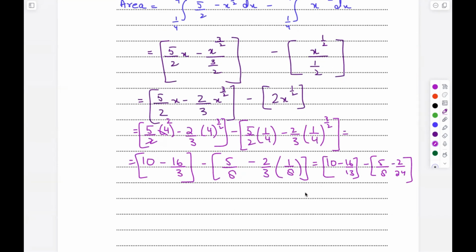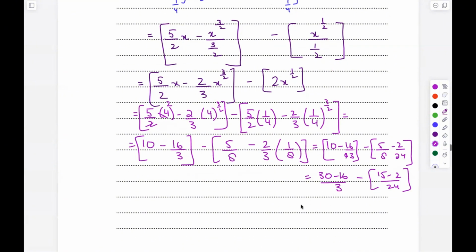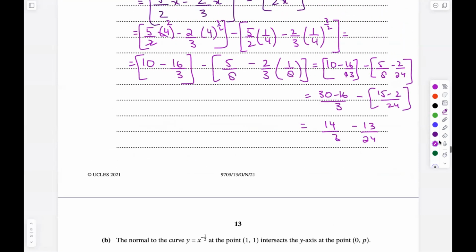Now we can simplify by taking the LCM. 30 minus 16 is 14/3, and the other part becomes 15 minus 2 over 24, which is 13/24. Taking the LCM, we multiply by 8, so 14 multiplied by 8 is 112, and 112 minus 13 is 99. So this will become 99 divided by 24. So this was the area under the first curve.